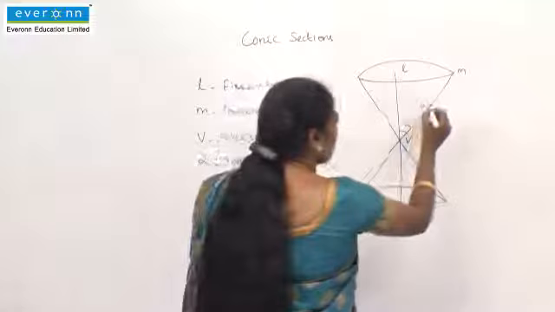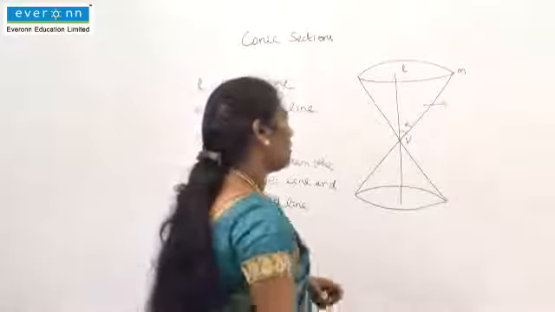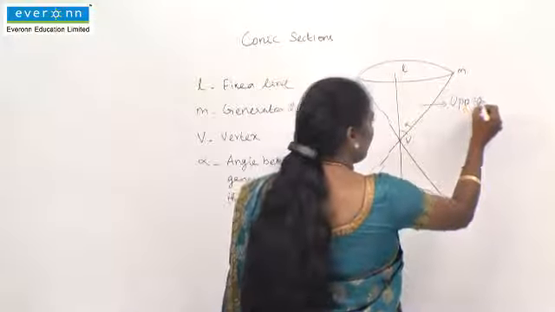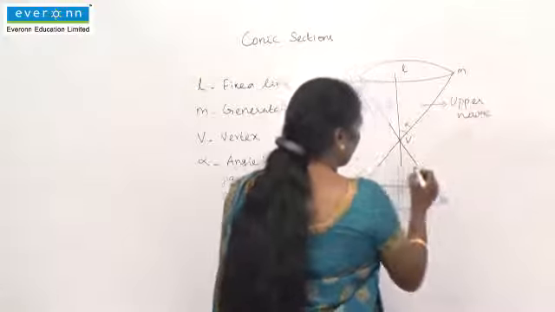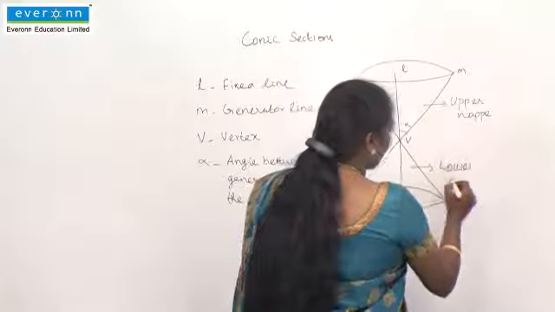So, when it is rotated, we get a double naped cone, which we call the upper nappe and this is called the lower nappe.